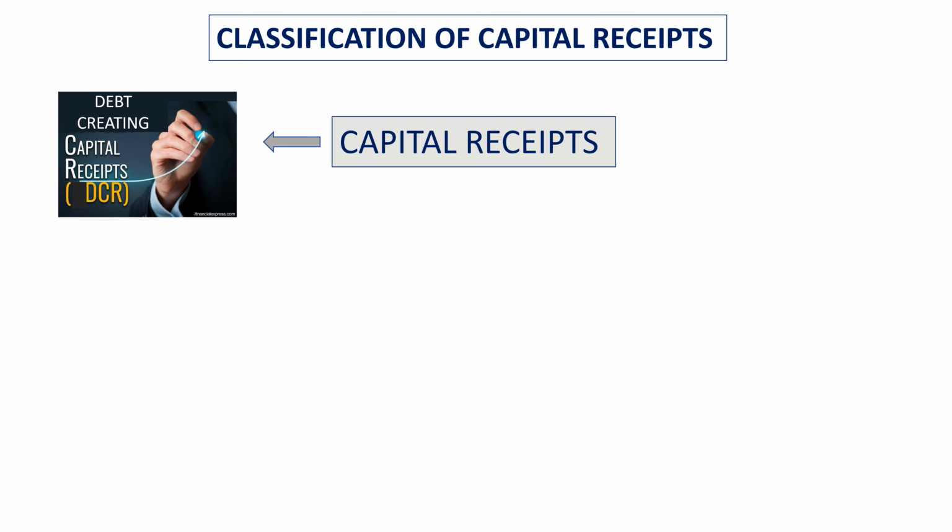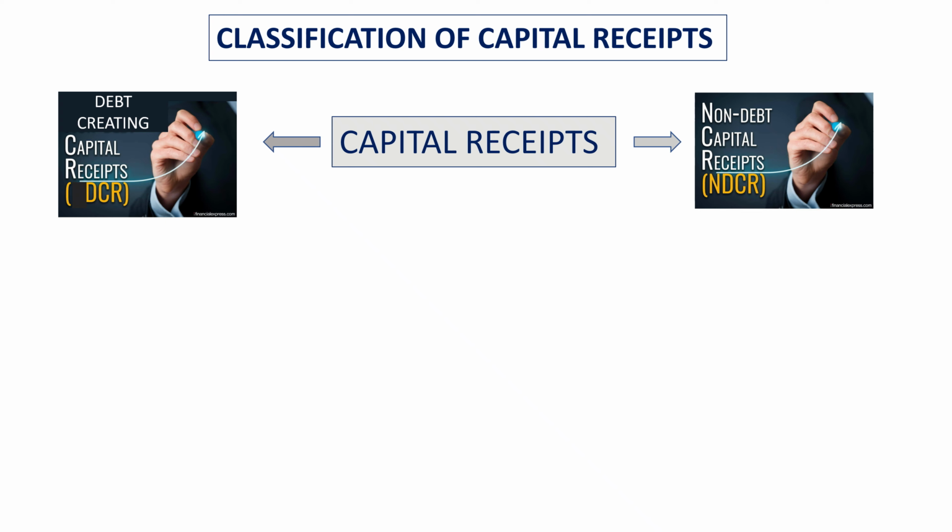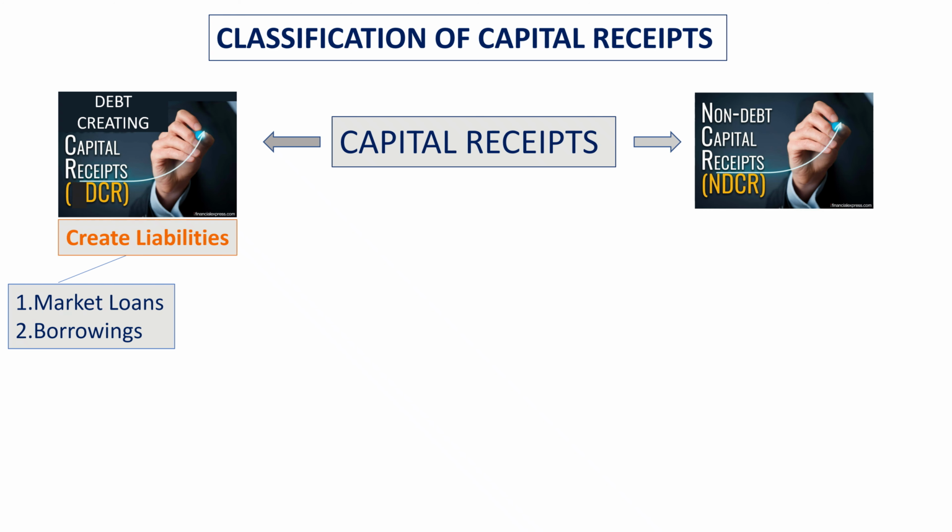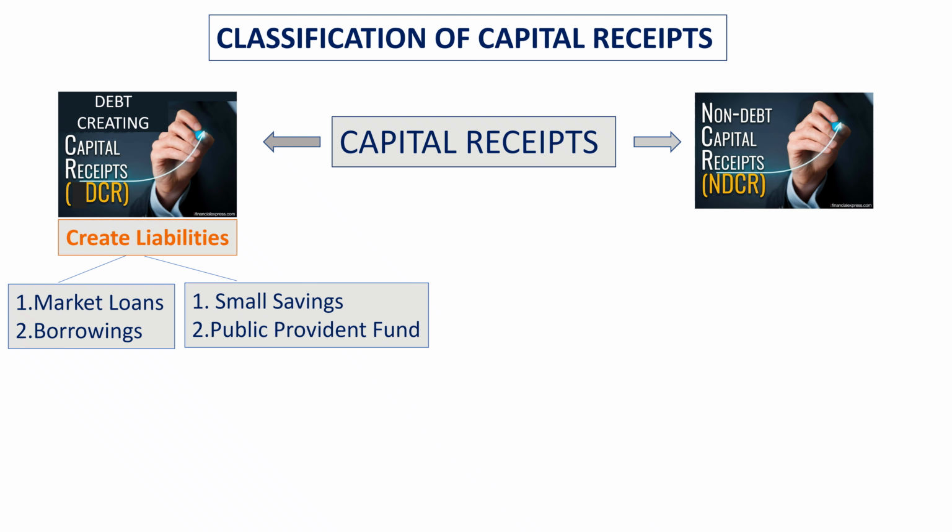We can classify capital receipts into debt creating capital receipts DCRs and non-debt creating capital receipts NDCR. Debt creating capital receipts are the ones which create liabilities for the government and therefore include the market loans raised from the public and all other borrowings from RBI, commercial banks, International Monetary Fund, World Bank, etc. and small savings in the post office saving account and public provident fund.